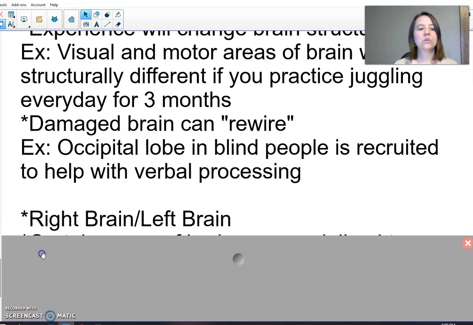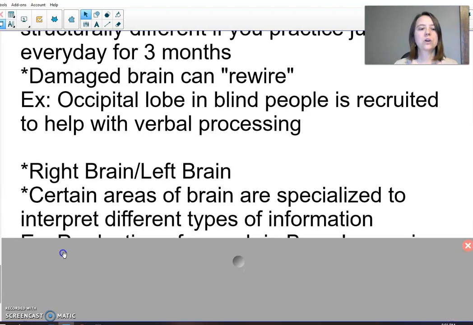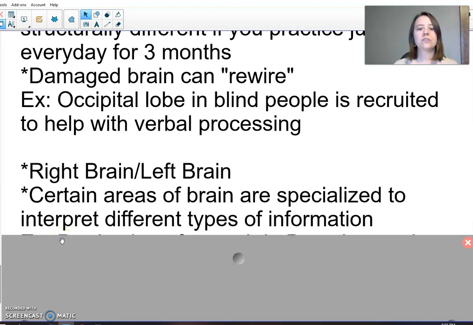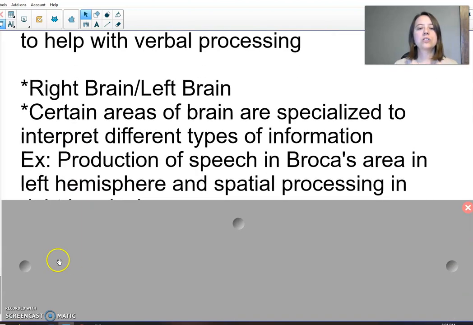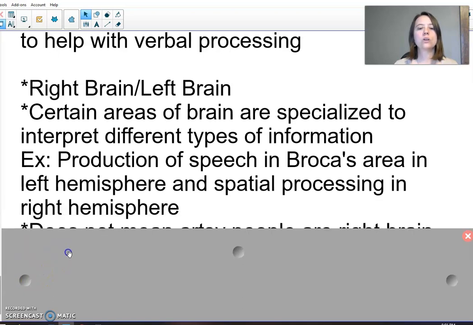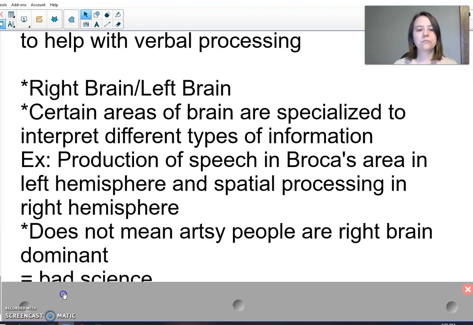Your book also goes over right brain and left brain hemispheres. Certain areas of the brain are specialized to interpret different types of information. For example, the production of speech in your Broca's area in the left hemisphere, or spatial processing in the right hemisphere. So there are certain parts of the brain which may be on the left or right hemispheres that specialize in different activities.